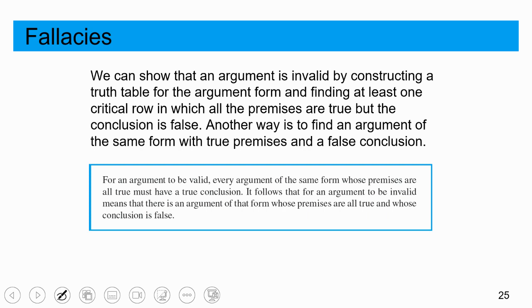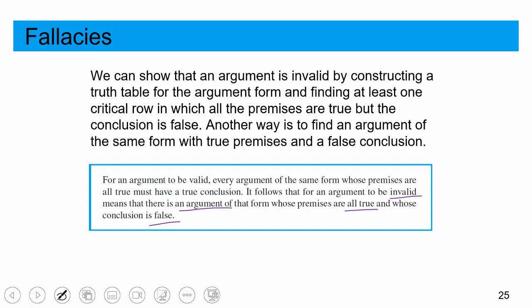For an argument to be valid, remember this: every argument of the same form whose premises are all true must have a true conclusion, every single one. It follows that for an argument to be invalid, this is important, it means that there is an argument of that form whose premises are all true and whose conclusion is false.